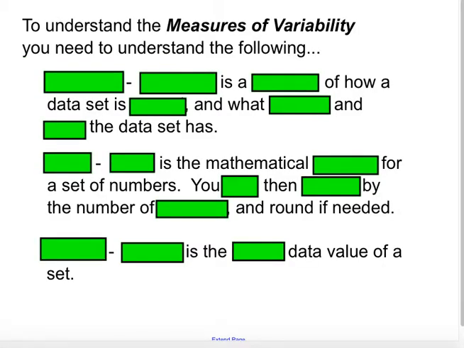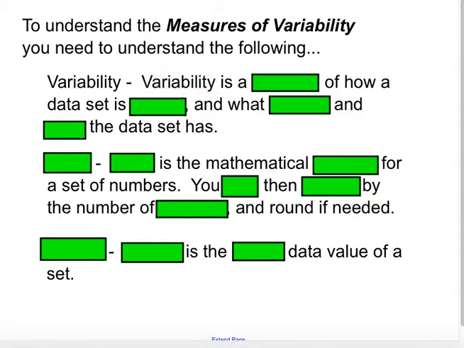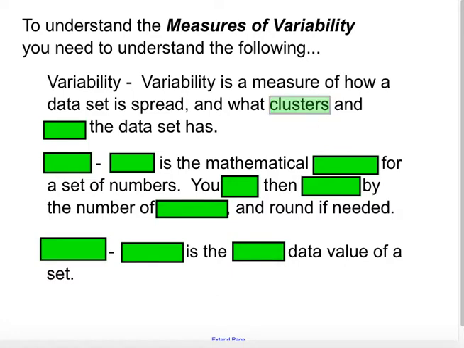To understand the measures of variability, you need to understand the following. The first thing you need to understand is variability and what variability means. Variability is a measure of how a data set is spread and what clusters and gaps the data set has.